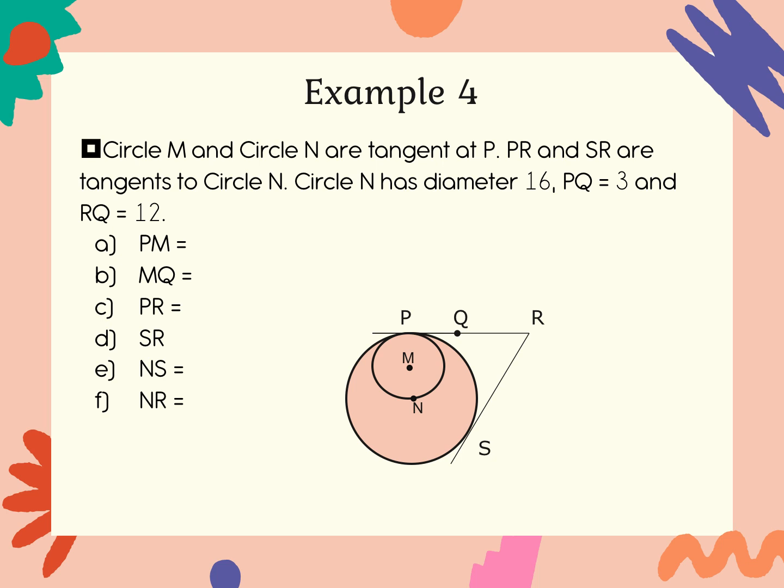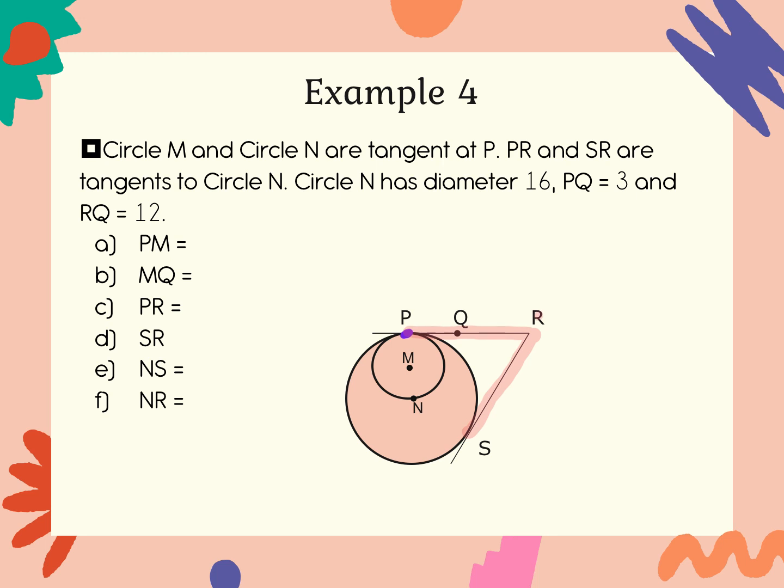All right, so for here, it says circle M and N are both tangent at point P. So over here is the point of tangency. And then PR and SR are tangents. So PR is here, and so is SR. These are tangent segments.